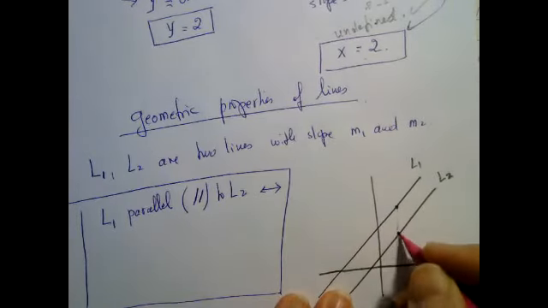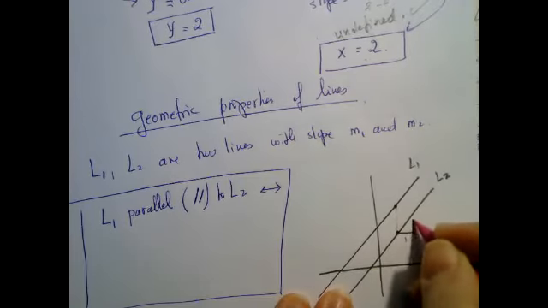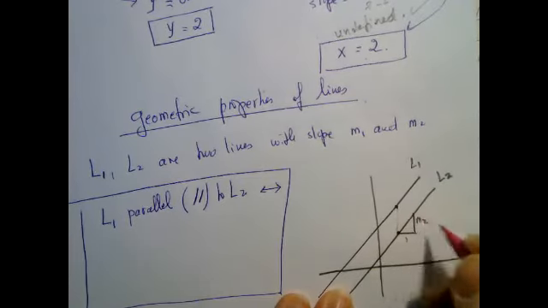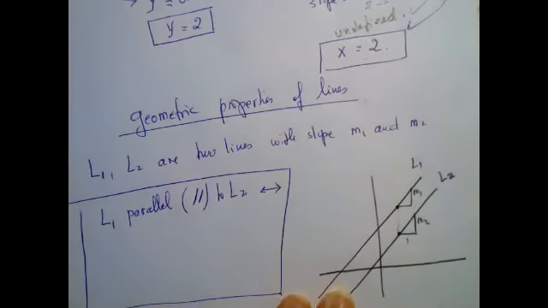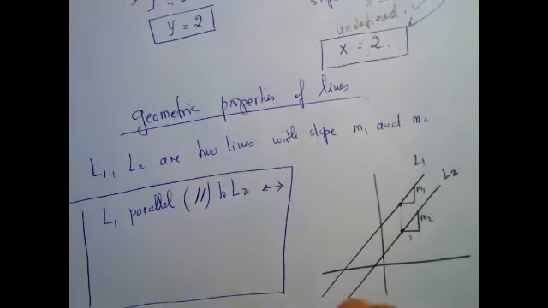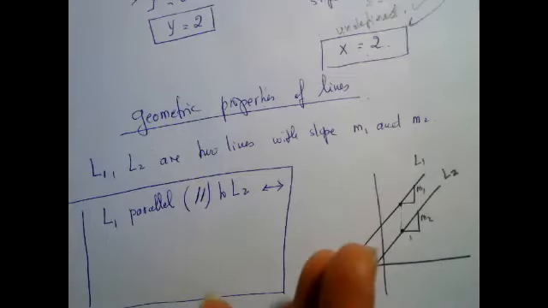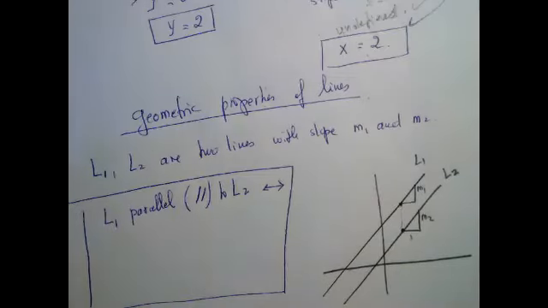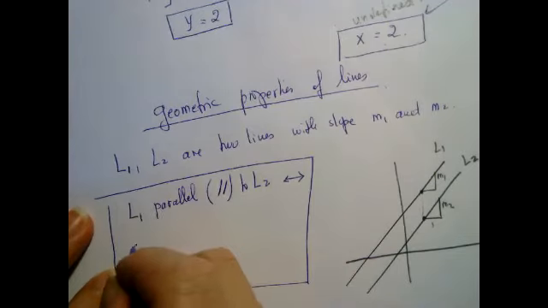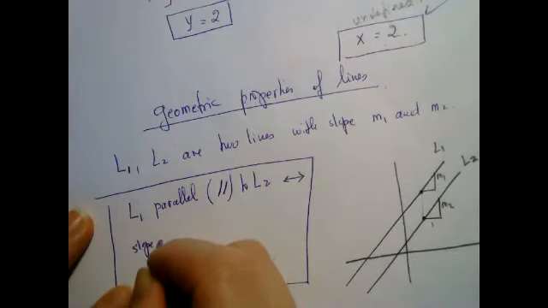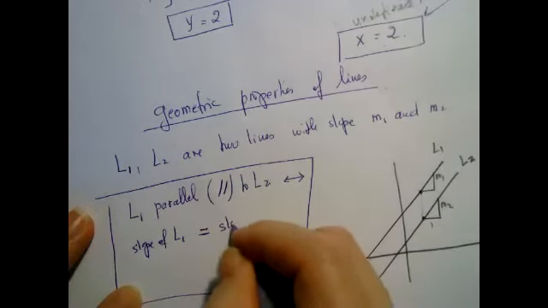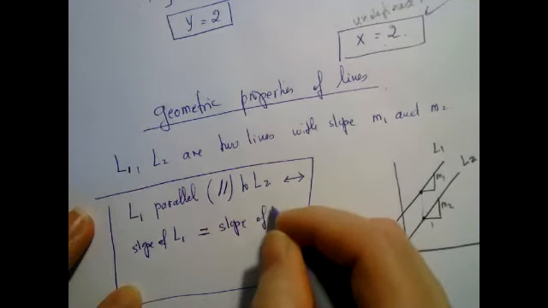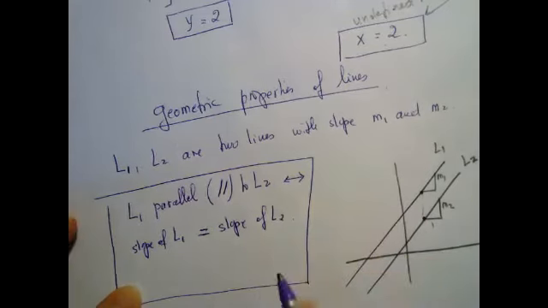If they are parallel, if I go by 1, I rise that much. If I go by 1, because they are parallel, we're going to rise the same amount. They have the same steepness, which is what the slope is telling me, how steep they are. So the slope of L1 is absolutely equal to the slope of L2. They have the exact same slope, nothing changed.